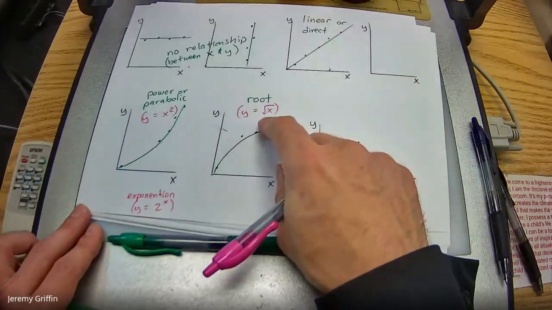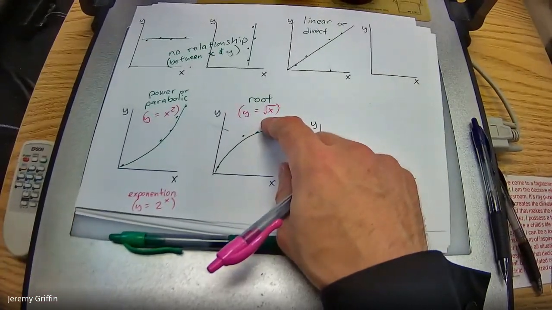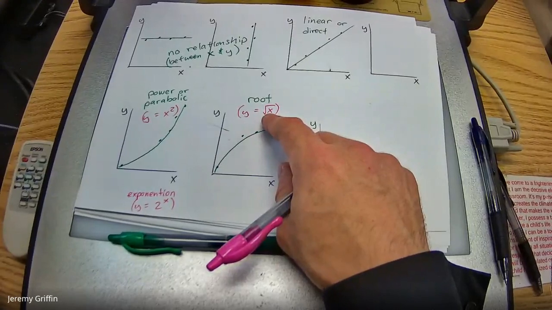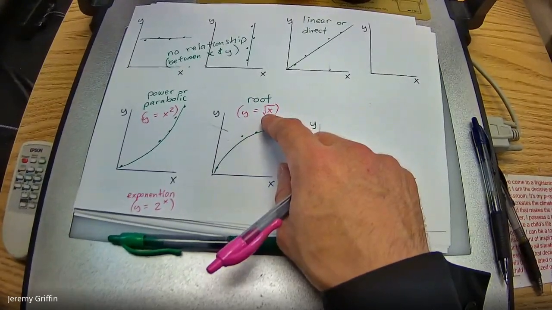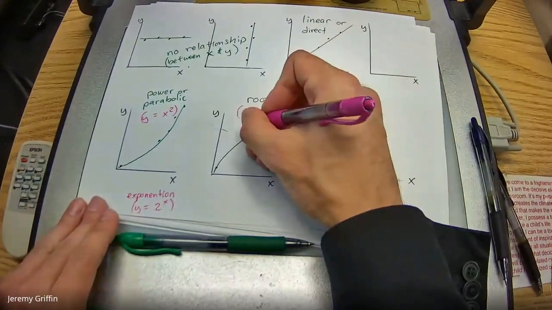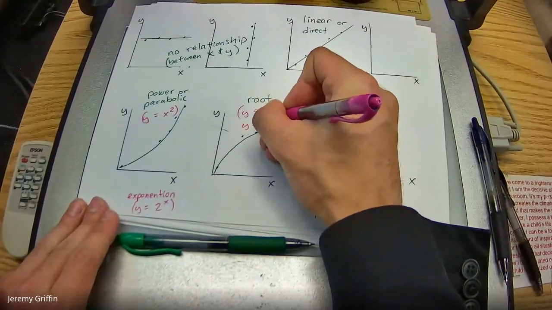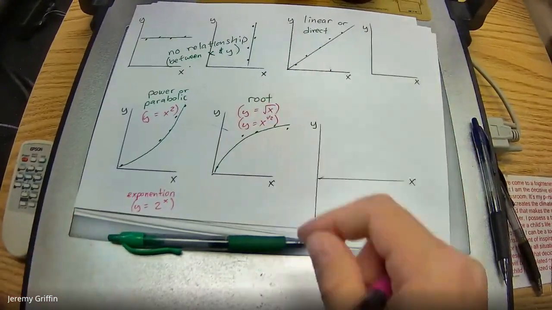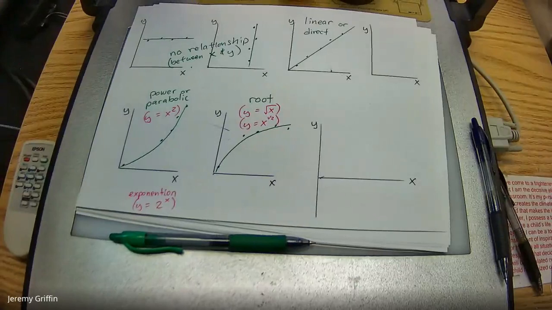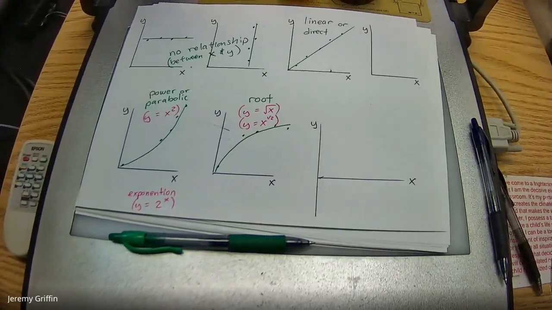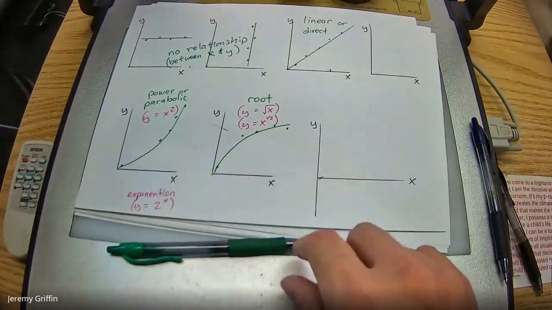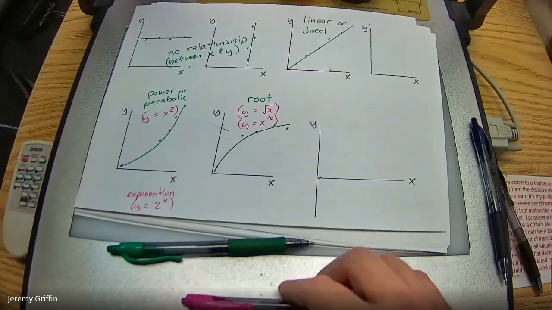It could be a real basic shape. But you guys know that square root you can actually express as a power. That's a power of a what? 1/2. So you can think of it like a fraction power, like y equals x to the 1/2, right? Or I don't know, maybe it's a cube root, 1/3 power, something like that. So it's like kind of power relationship, just like fraction power.